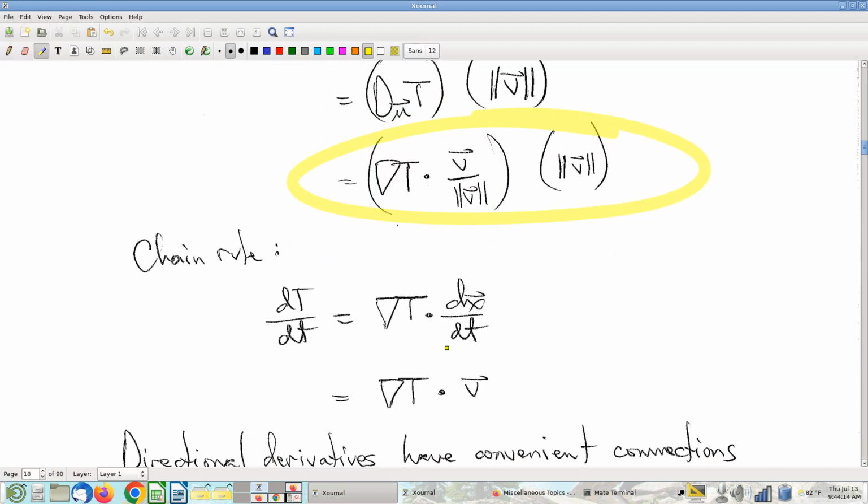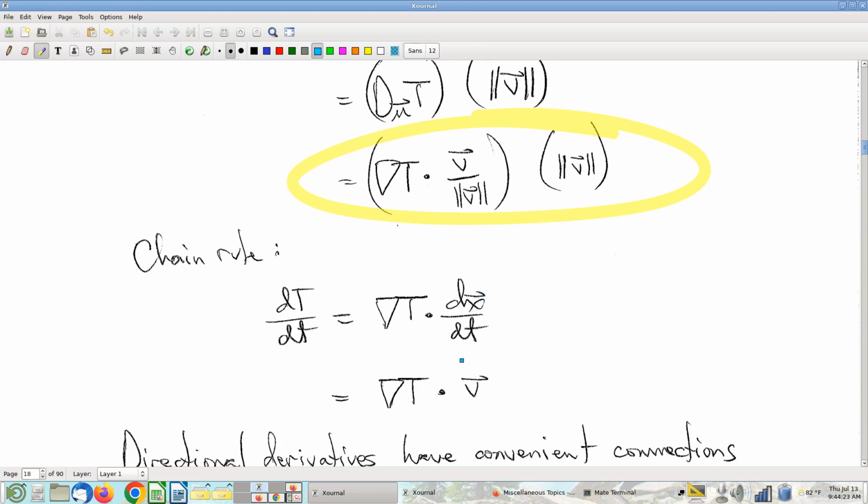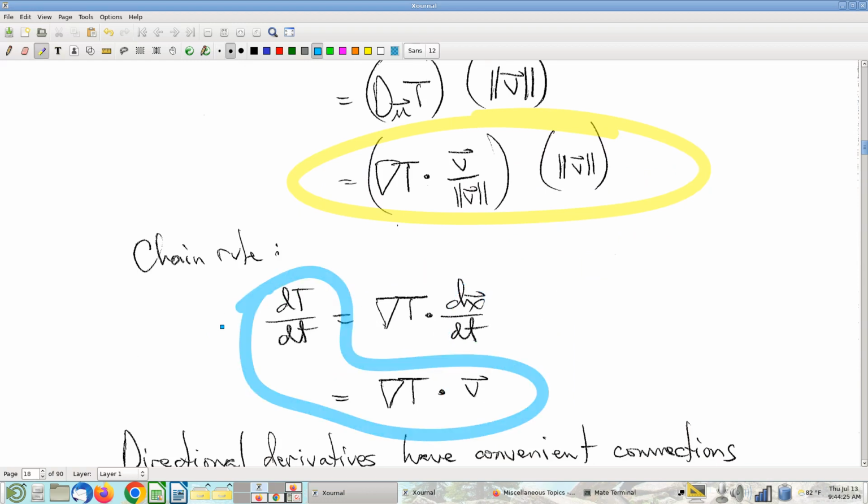Plan B is to write down the chain rule. Recognize that dx dt is my velocity. So here's plan B. Now, which of these is the better calculation? I argue that in this first calculation, we have done a few unnecessary things. Apparently, I'm computing the magnitude of the velocity vector pointlessly.